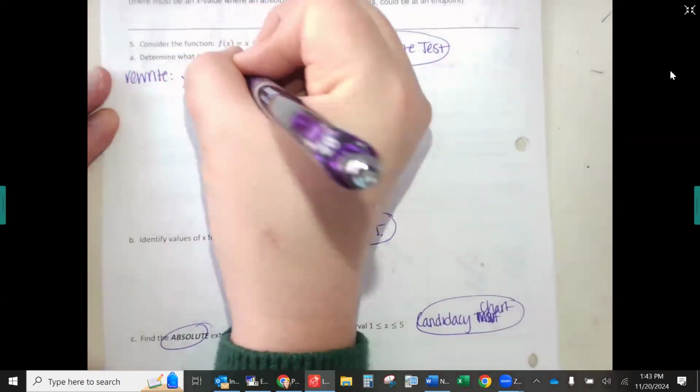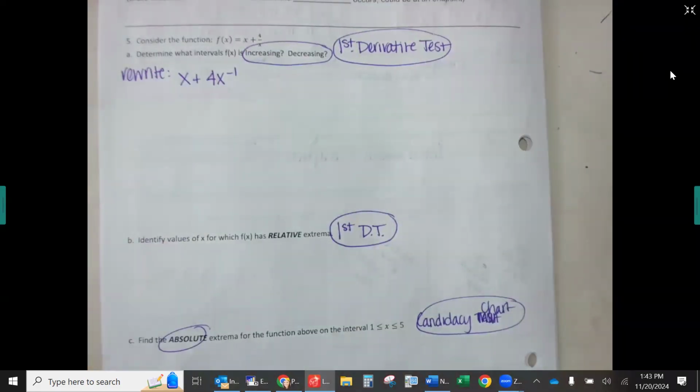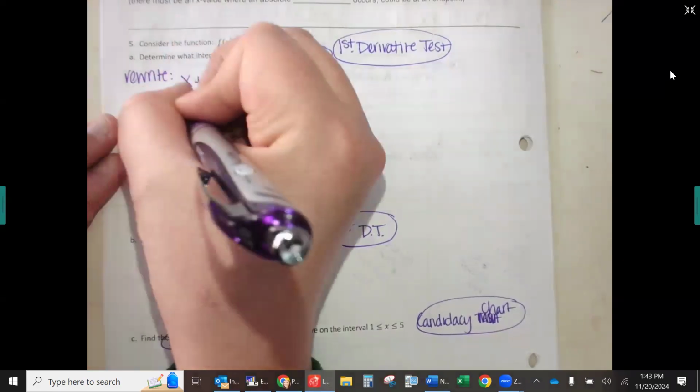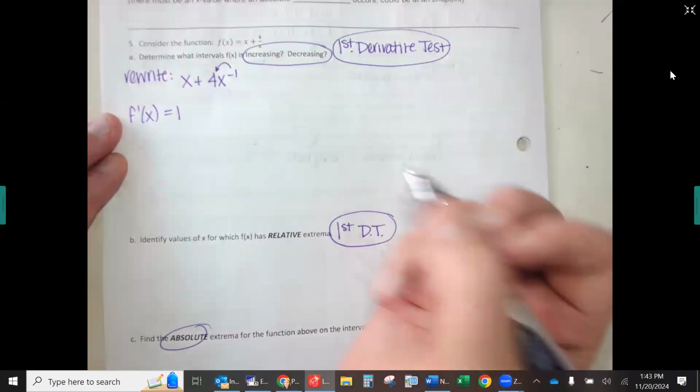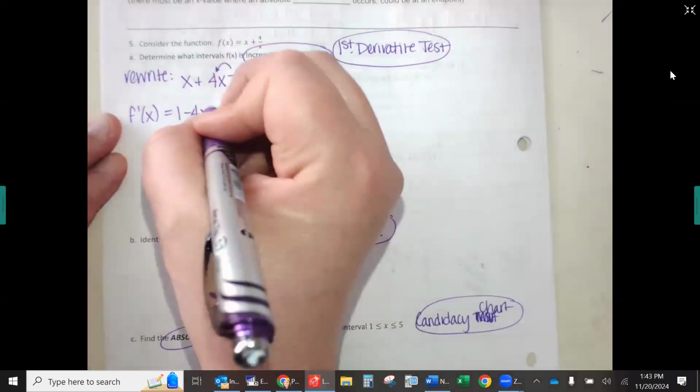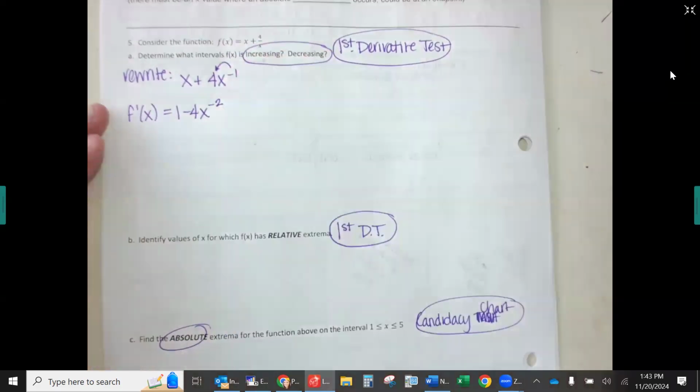It's going to be x plus 4x to the -1. Now notice we haven't taken the derivative, but we're fixing our equations. We don't have to do quotient. Okay, what will the derivative be? 1 plus -1. Okay, so x will go to a 1, and then it'll be a -4x to the what? -2. Very good.